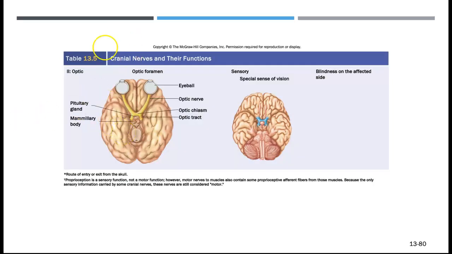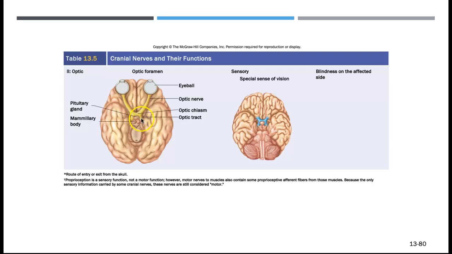Then we have cranial nerve number 2, which is our optic nerve. Here we are going to have the information picked up in the retina through our photoreceptors. That is all sent through the optic nerve. Note how the optic nerve, as we move posteriorly, is going to meet. And what they do is have half of their fibers cross over to the opposite side at an area known as the optic chiasm.